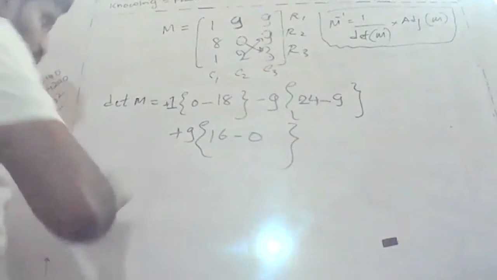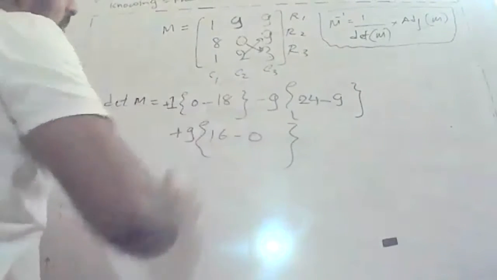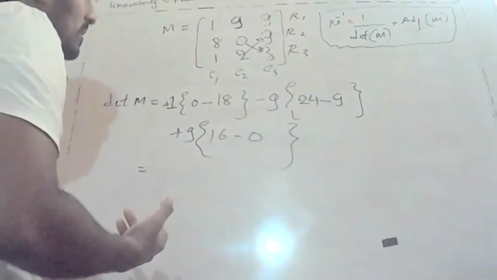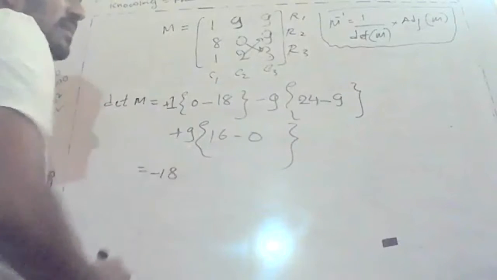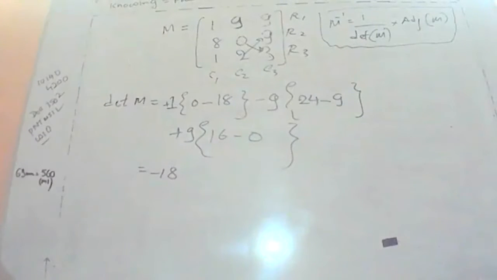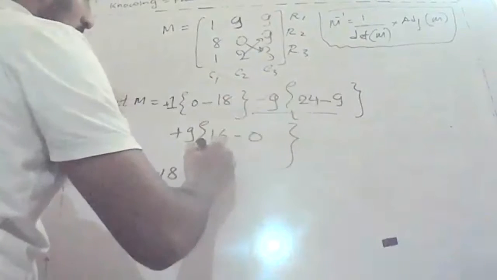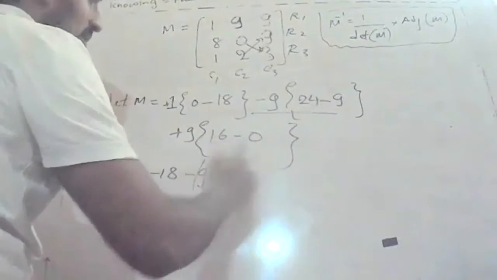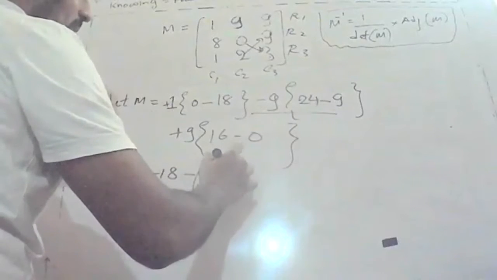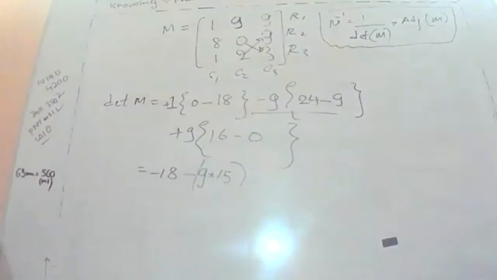Now, 0 minus 18, how much? Minus 18. Minus 18 into 1, so that is minus 18. So no problem. And this is minus 9 into, I will put brackets, 24 minus 9, how much? 15.